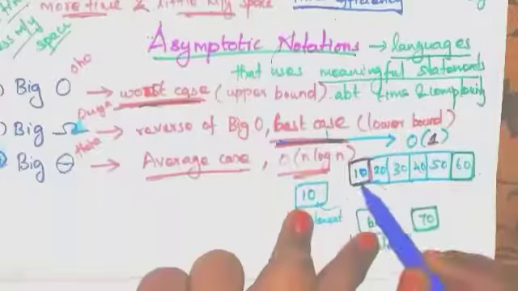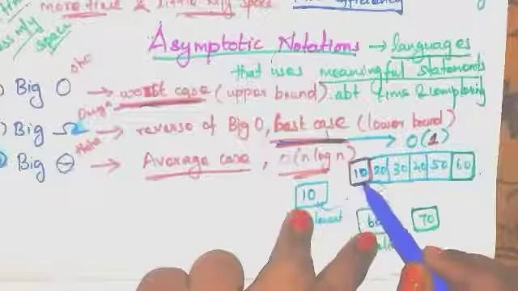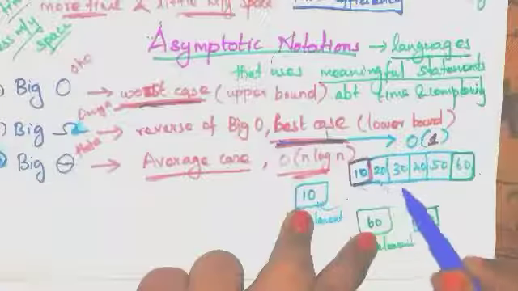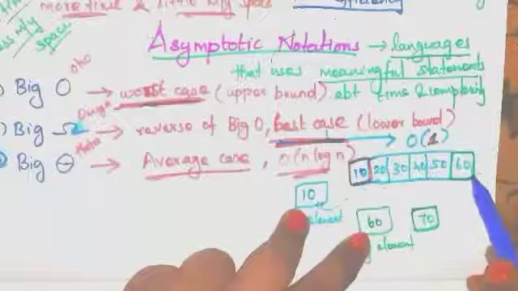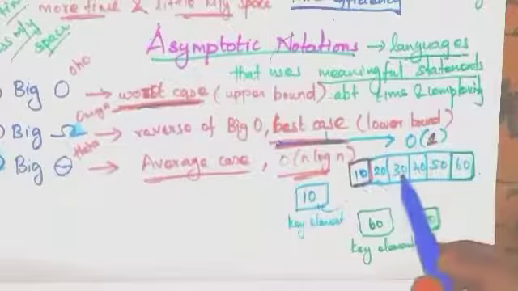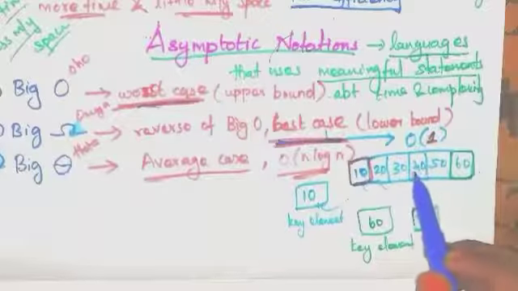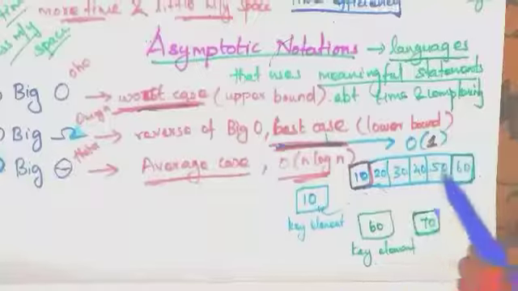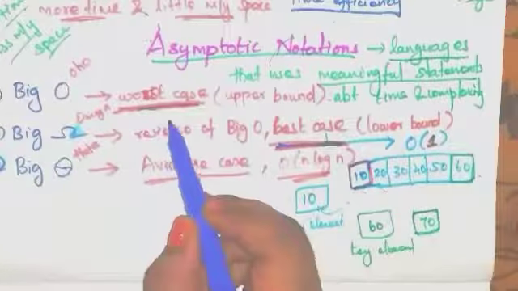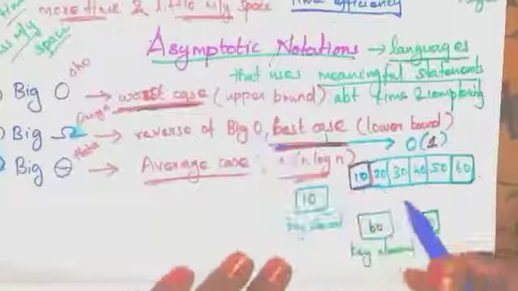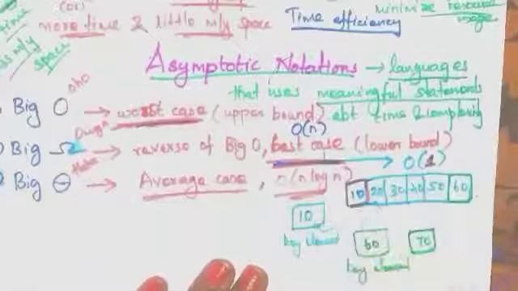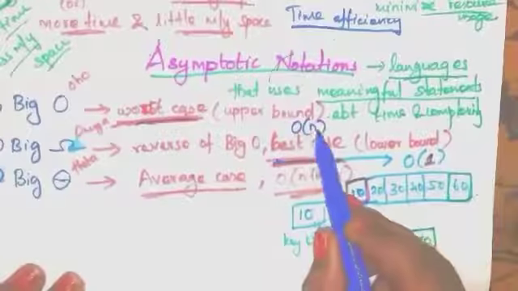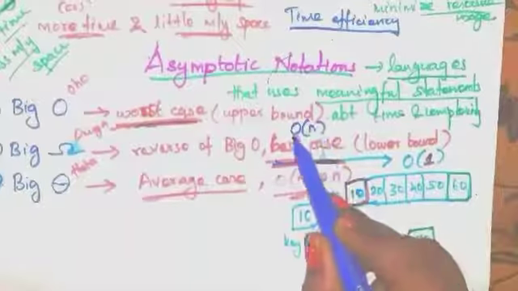First you compare 60 with 10, next 20, 30, 40, 50. At the end, the last element matches the key element. So there are too many comparisons. This is called worst case efficiency, expressed as order of n, because n comparisons are needed.